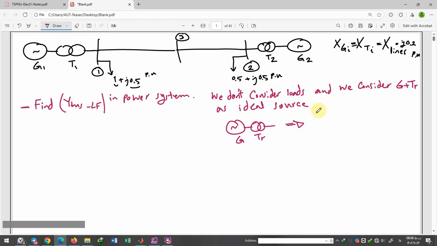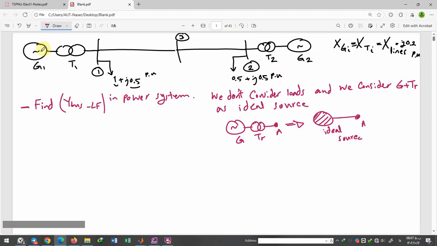Please pay attention: the ideal source is connected to a node, say node A.